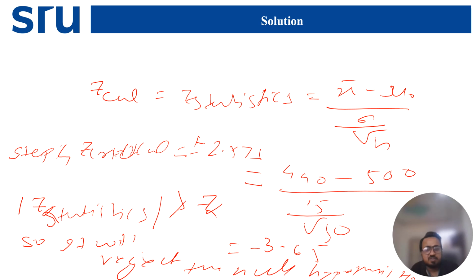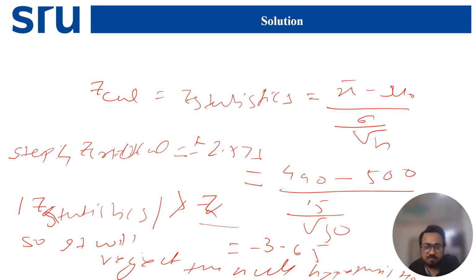So this is all about the null hypothesis testing at alpha equal to 0.01. Why? Because you can see that the Z statistic value is 3.65. This is greater than Z alpha. That's why it will reject the null hypothesis H naught.